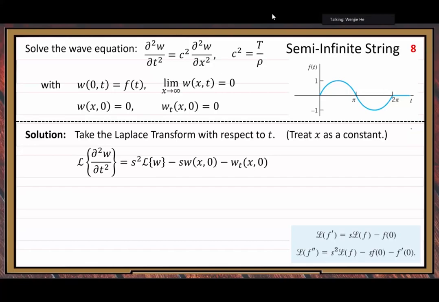So the good thing is the last two terms are gone by the initial conditions. So you only have s squared times L of little w.